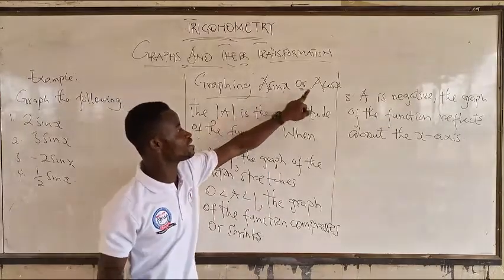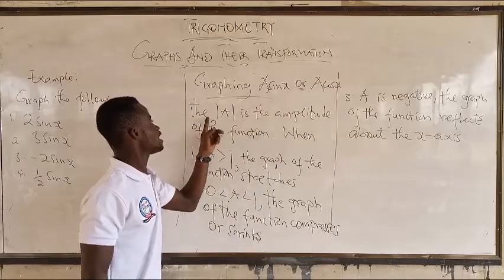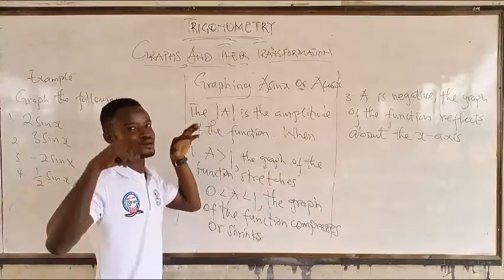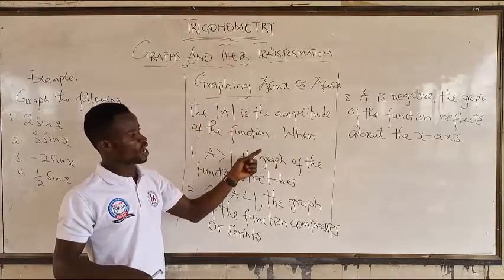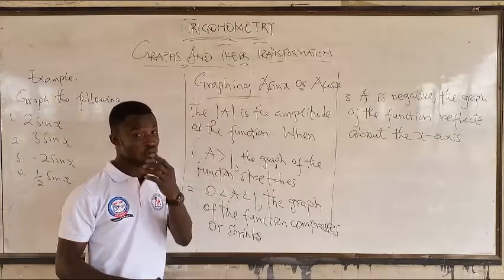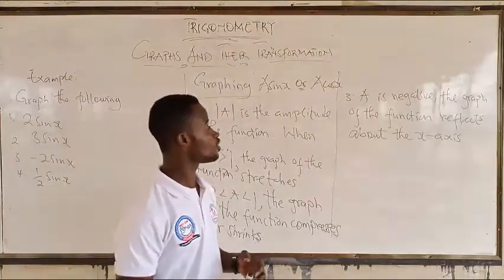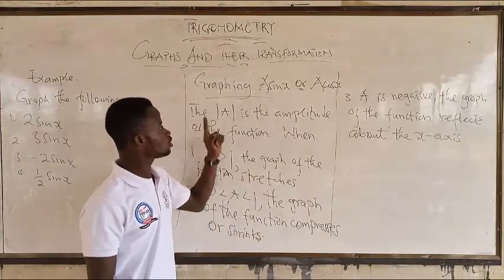Now, the a here is the coefficient, and when you take the absolute value of a, that is the amplitude of the function. We have established that, so it is the same as the one where it is transformed.